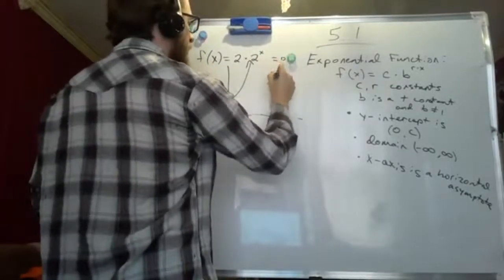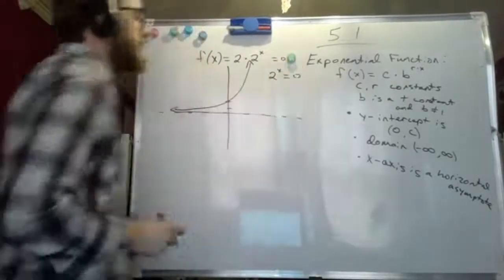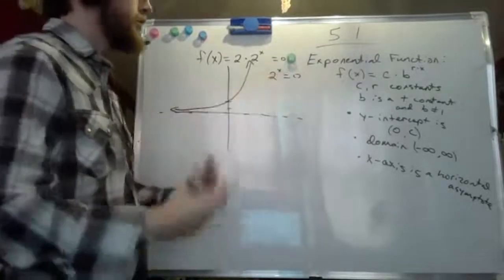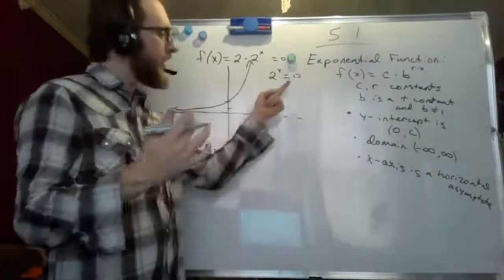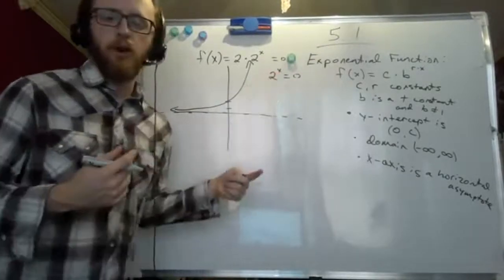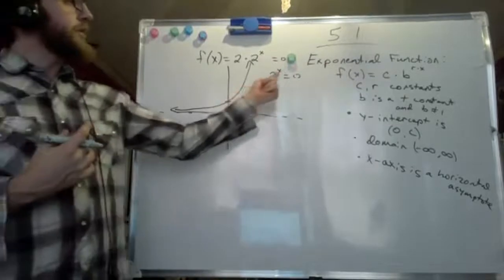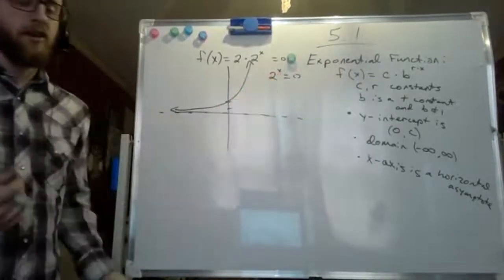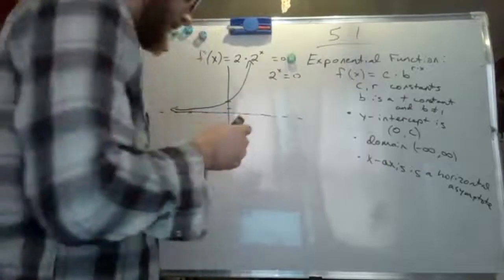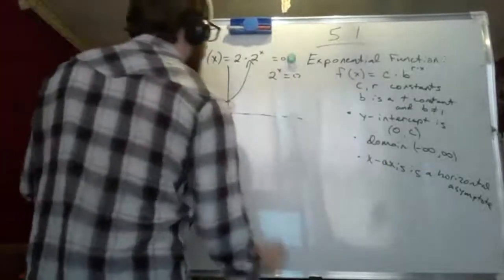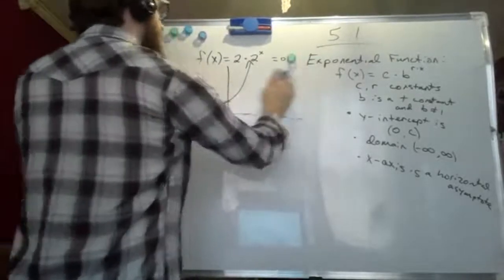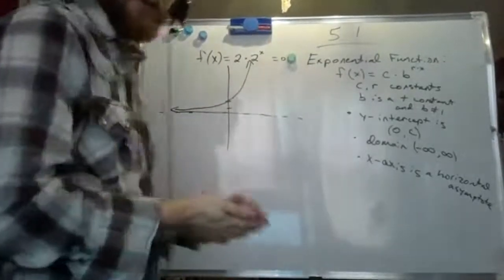In other words, 2 to what power equals 0? Well, 2 to any power is going to result in some number that's not 0. Even if I plug in 0 up here for x, 2 to the 0 is 1. So there's no exponent x that I can plug in here that's going to make this equation equal to 0. So my function can never equal 0, and so we have a horizontal asymptote there. So that's also a nifty little thing to take note of.